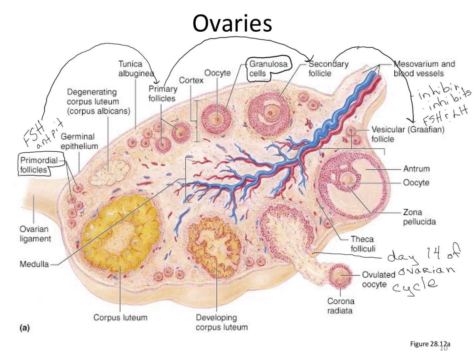And you end up with ovulation. What's left of the follicle becomes what's known as the corpus luteum, which just means yellow body, and the corpus luteum continues to produce estrogen, but it adds in another hormone which isn't made prior to day 14 of the ovarian cycle, which is progesterone.